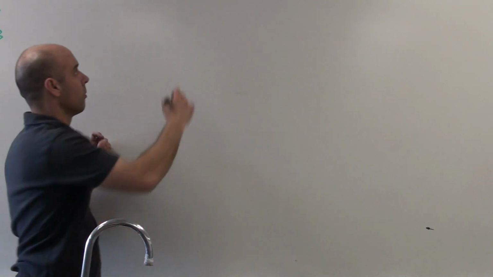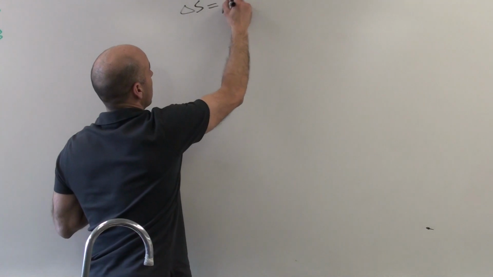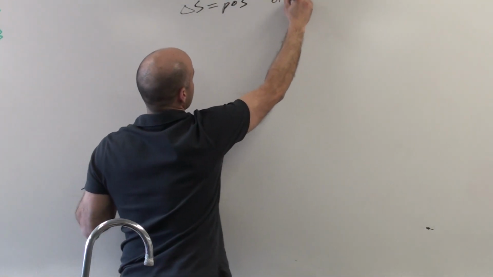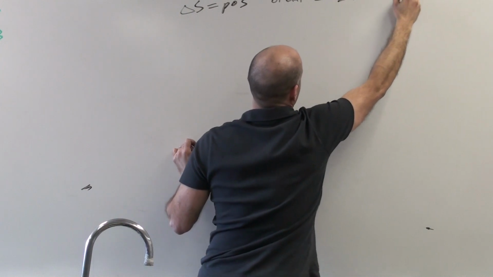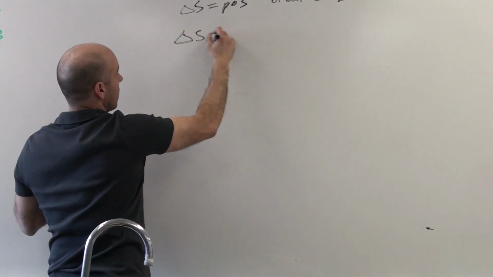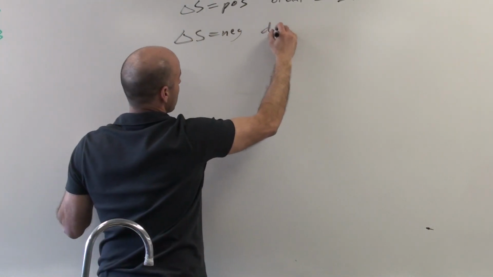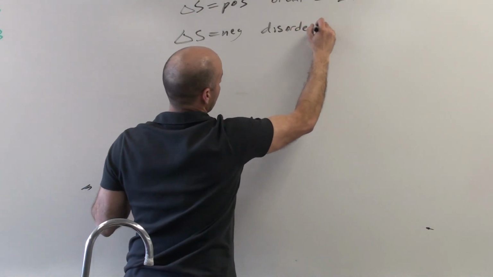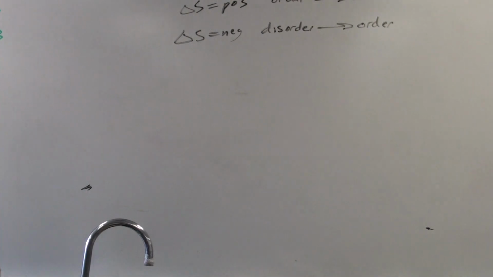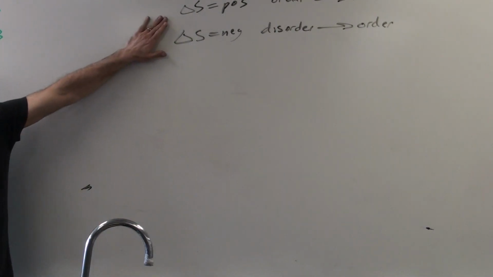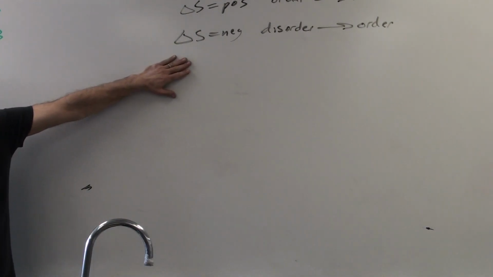That means you're going from order to disorder. And if you have a negative delta S, you're going from disorder to order. So we want to go to disorder. We don't want to go to order.